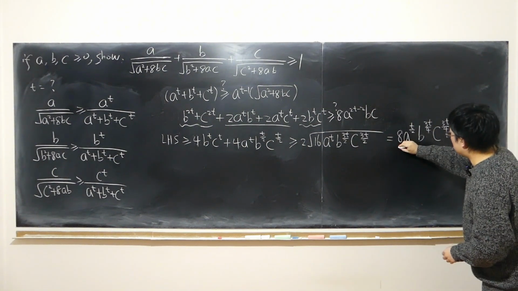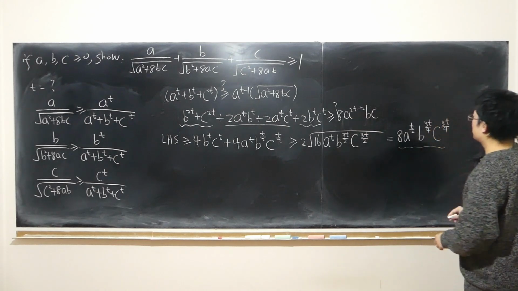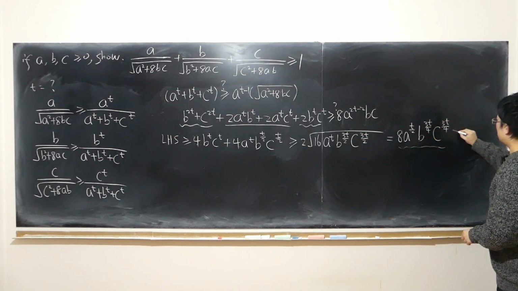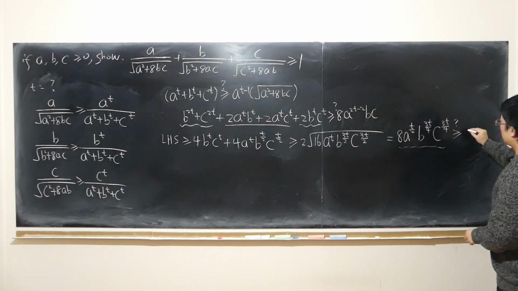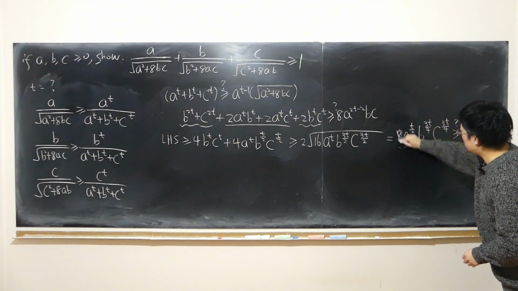So we're asking, is this greater than or equal to this? If you want 8 times a to the 2t minus 2 times bc, you cancel out the 8.